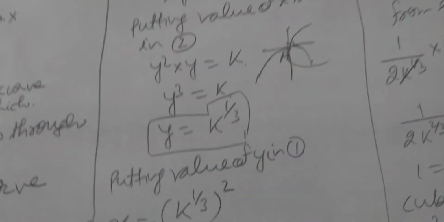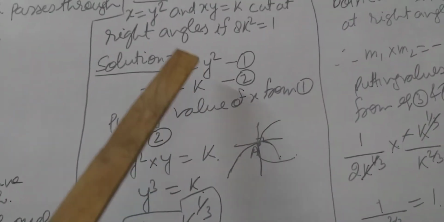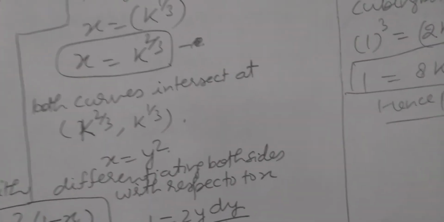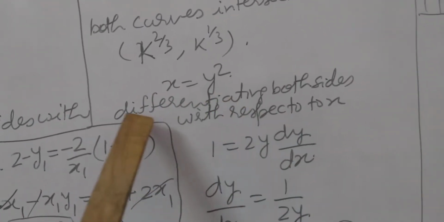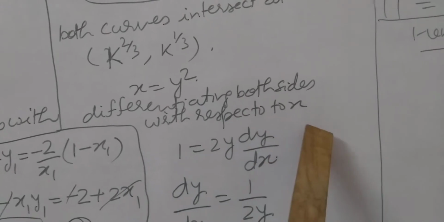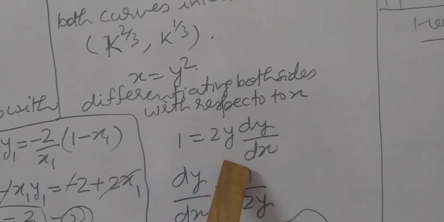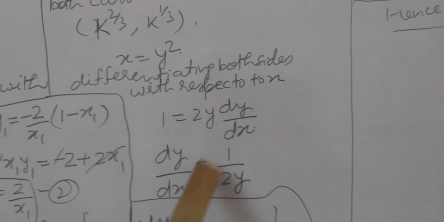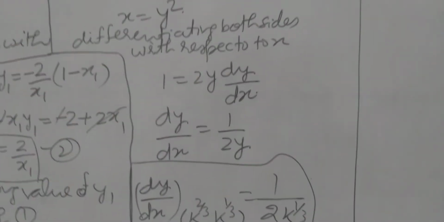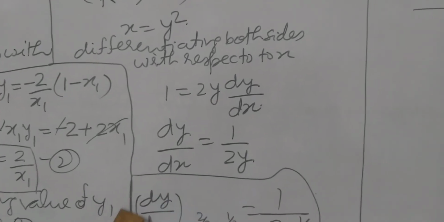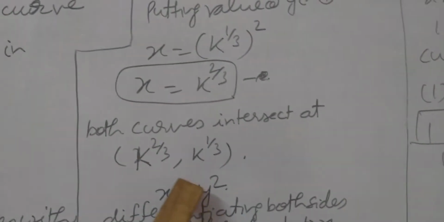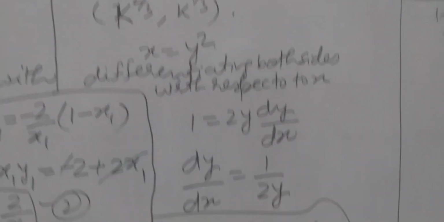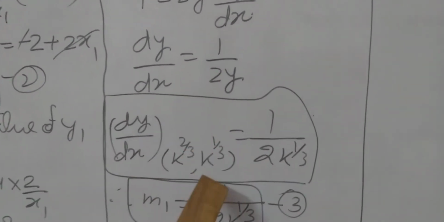Okay. Now student, we have to find out the slope of the tangents of both of them. To get the slope of the tangent, we have to differentiate these equations to find dy by dx. So this is equation 1, student, differentiating both sides with respect to x. So 1 equals 2y dy by dx, then dy by dx equals 1 upon 2y. So now student, we have to find dy by dx at the point where both curves intersect each other, so k to the power 2 by 3 and k to the power 1 by 3.